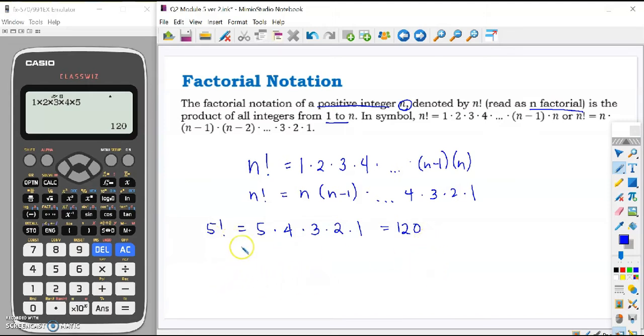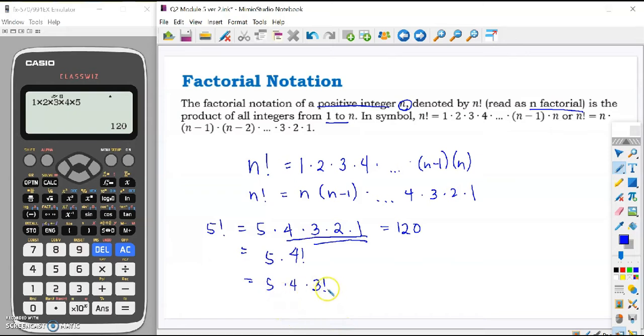Let's have a different perspective in this case. What if you have 4 times 3 times 2 times 1? Can we rewrite this in factorial notation? Yes, we can write it as 4 factorial. So 5 times 4 factorial is equal to 5 factorial, or 120, correct? We can also write 5 factorial in terms of 3 factorial, as 5 times 4 times 3 factorial.